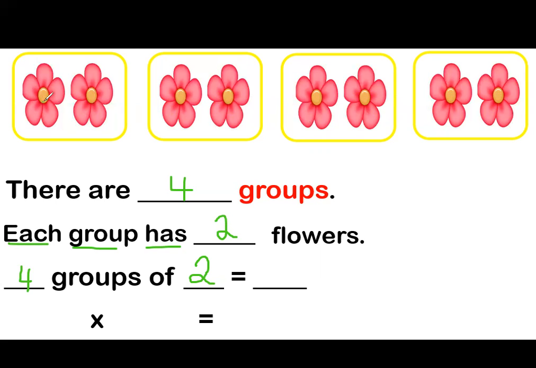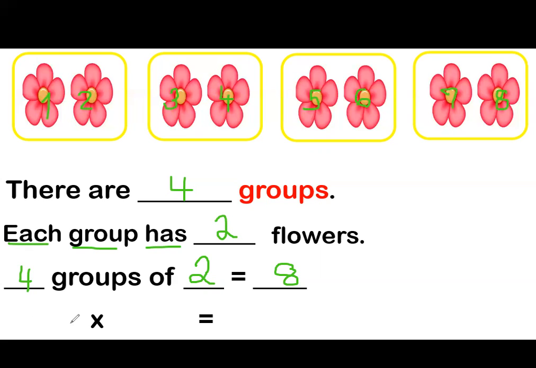Let's count. 1, 2, 3, 4, 5, 6, 7, 8. So there are 8 flowers altogether. Next.